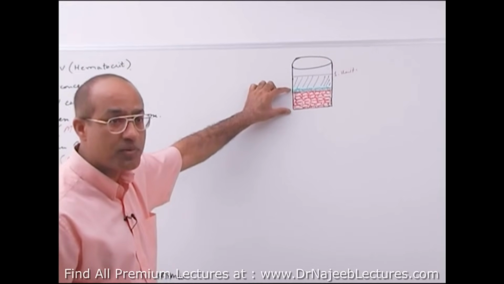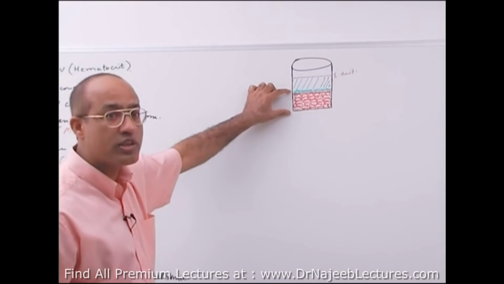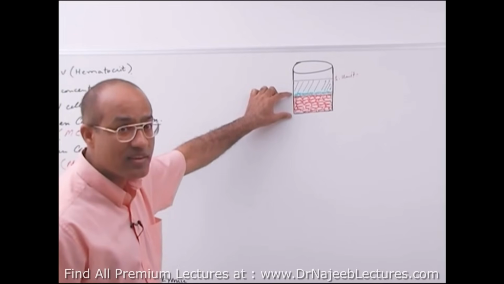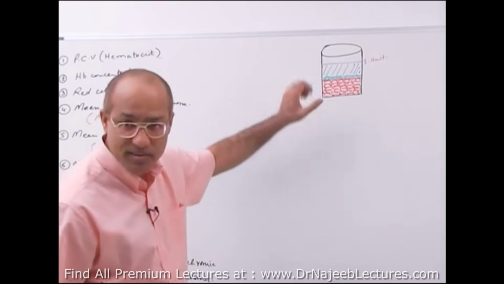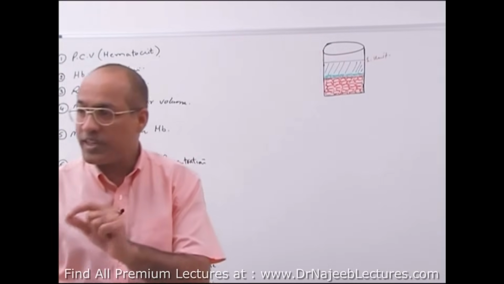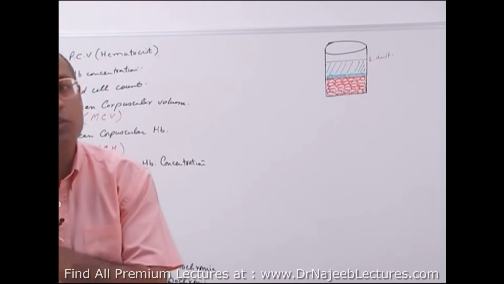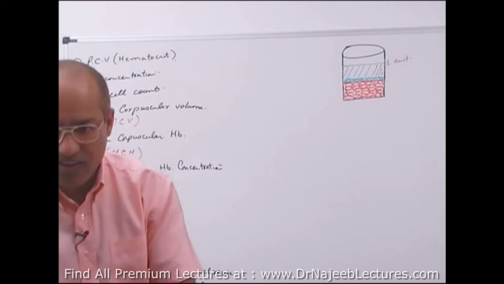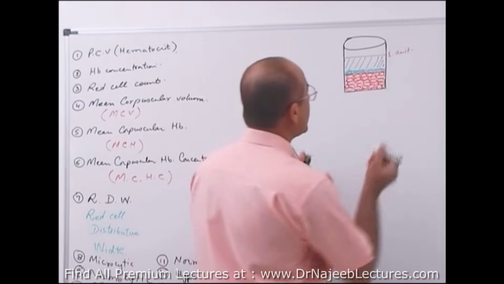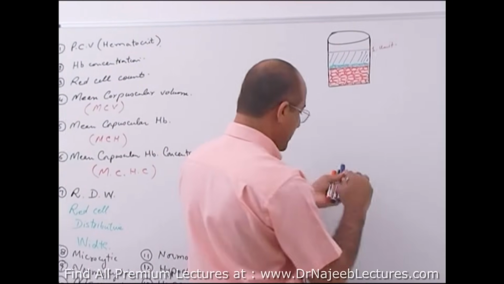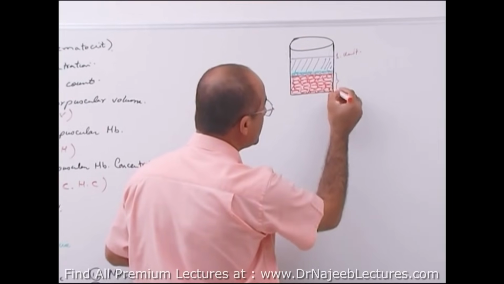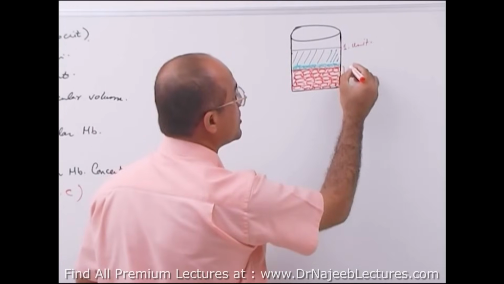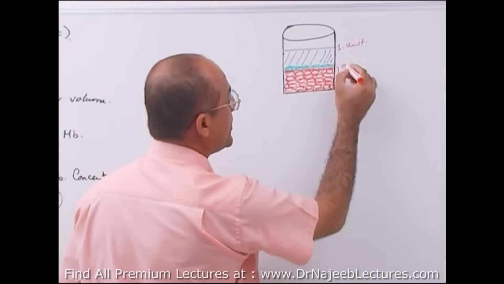Usually in a healthy person, about 40 to 50% of the volume of the blood is occupied by cells, and they are mostly red blood cells. So we can say that out of this 1 unit, all this is present here. Let us suppose it is 0.45.